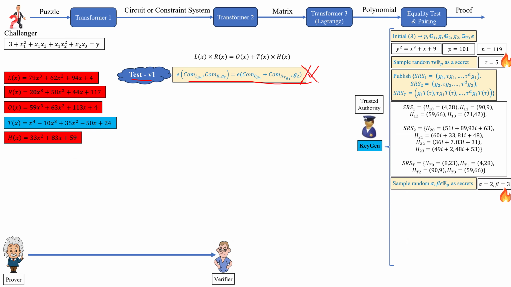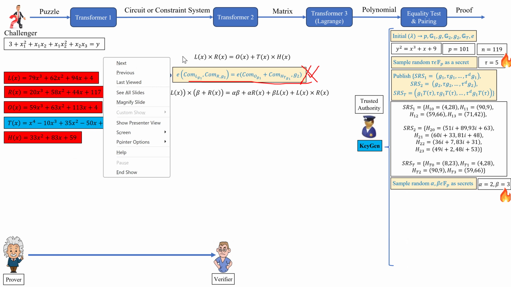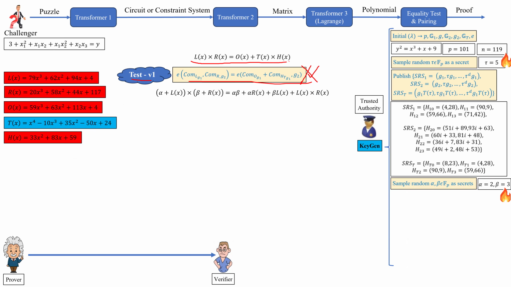Okay, so the protocol says that the trusted authority needs to choose two random values, alpha and beta. And like tau, these two values also should not be shared by the trusted authority. After considering these two values, let's see how the verification algorithm is changed. We want to work on this equation.